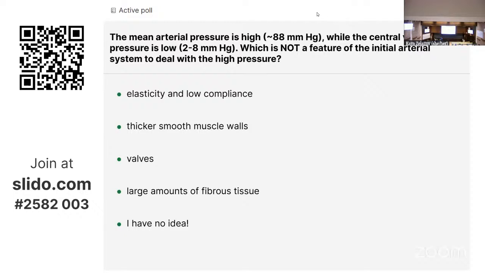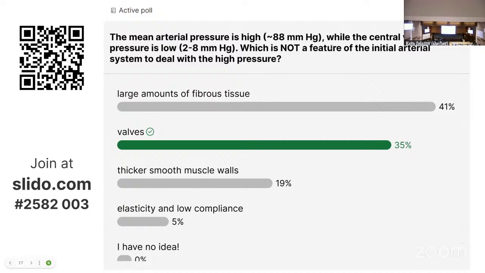All right, let's take a look. Okay, so let's think about that. This has to do with those layers. Walking through these layers, we're thinking high pressure in arteries, which means we're thinking about walls that have to resist that pressure, and we want that pressure to bounce back when we're in diastole.